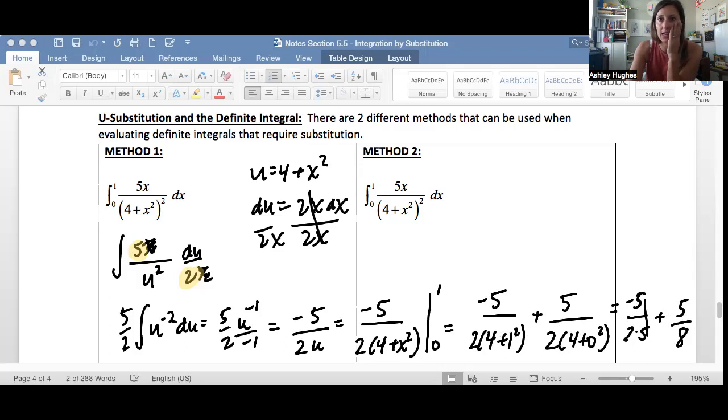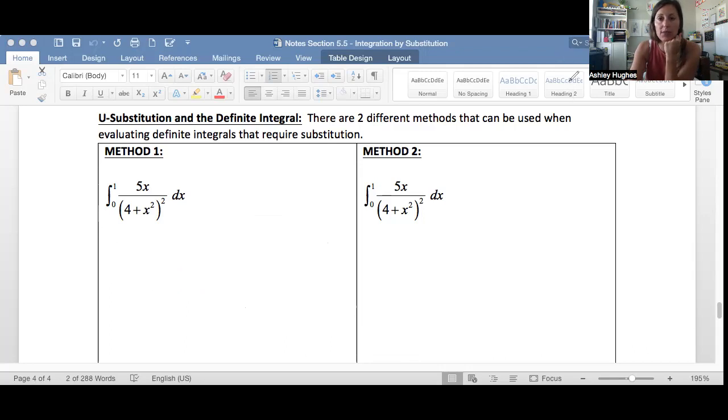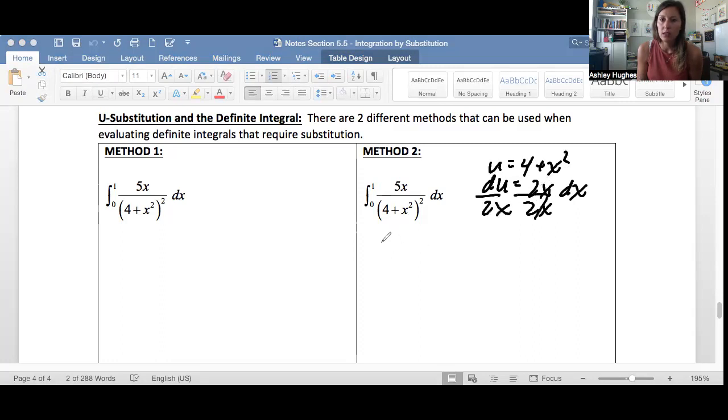So I want to show you another way of thinking about it, is you can change the bounds as well. So we have the same u and the same du. So I have 5x and I have the u squared, and dx is du divided by 2x.